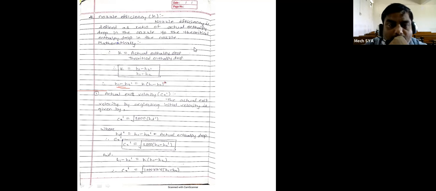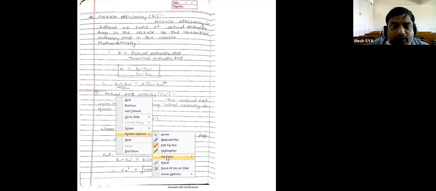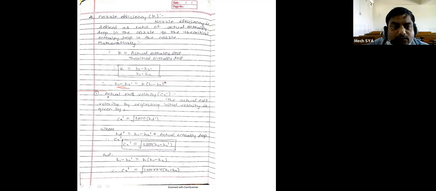Now the actual enthalpy drop is h1 minus h2 dash, which is equal to K into bracket h1 minus h2. Let us find the actual exit velocity c2 dash. By neglecting initial velocity, c2 dash is equal to the square root of 2000 into hd dash, because it is the actual enthalpy drop.